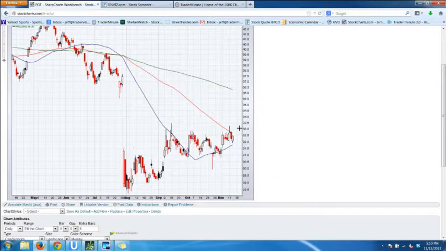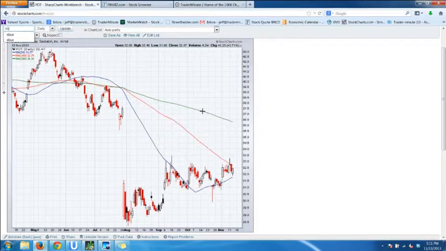But bottom line, look at the 200. The 200's sloping down, and it's above our 100, and it's above our 50. Overall, our major moving averages are what I call tied down. I'd rather look for an excuse to sell than a reason to buy.